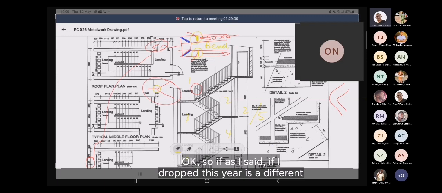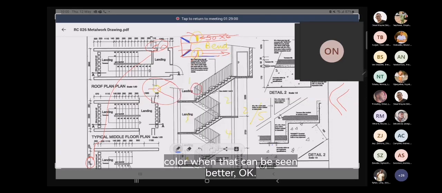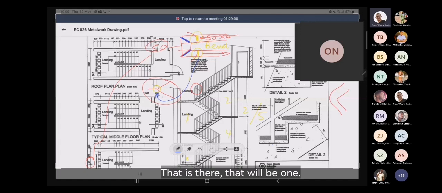Okay. So as I say, if I draw this here, I'll use a different color so it can be seen better. That is there. That will be 1. And that is there, and it will be 2. Right?